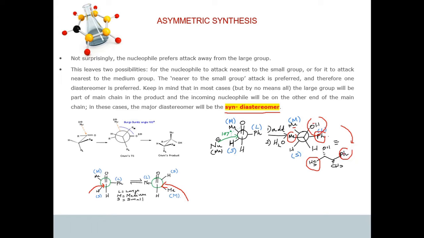Now this conversion process will be of great help when you try to solve problems. We can look at that in detail in the later course. And you can see here the attack has taken place from the side of the smaller group, and we end up with a syn product.